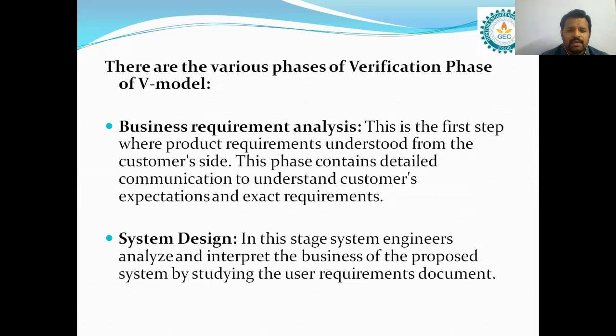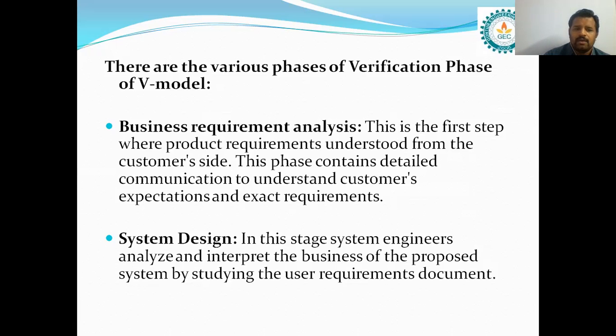They study the user requirements document very clearly. After that, they analyze and interpret the business of the proposed system, whether the proposed system is possible to implement or not.